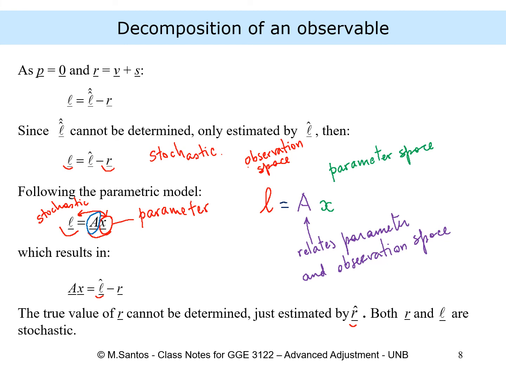What we have here is a series of quantities that are called stochastic, the observations and residuals.